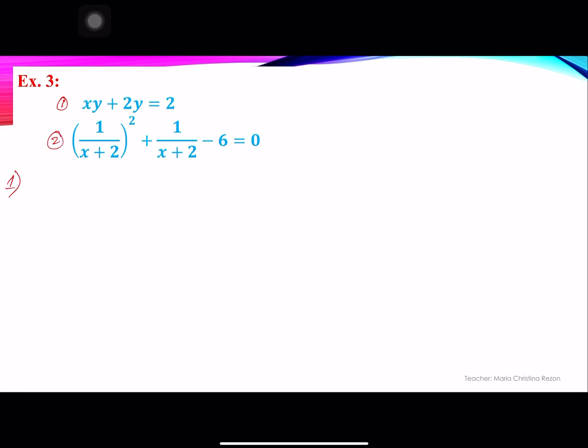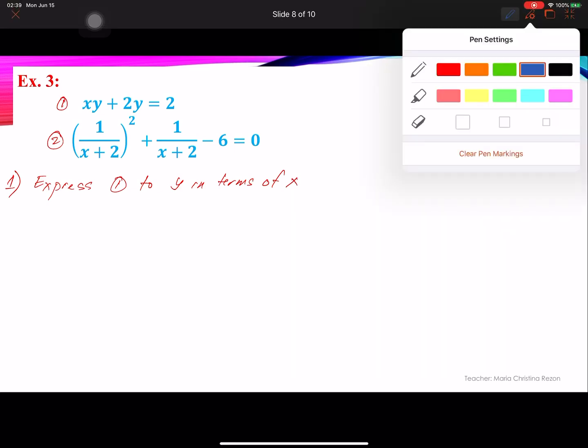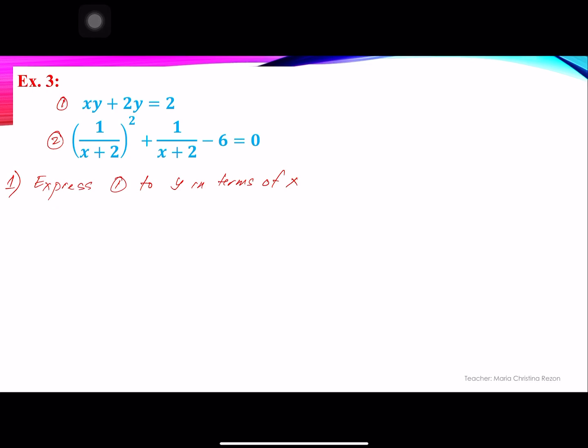And so the first step that we are going to do is we express, say, equation 1, because equation 1 is not very complicated, y in terms of x. So let's have xy plus 2y is equal to 2.